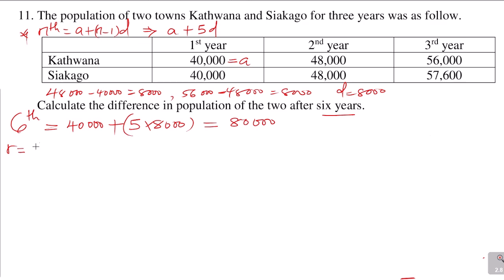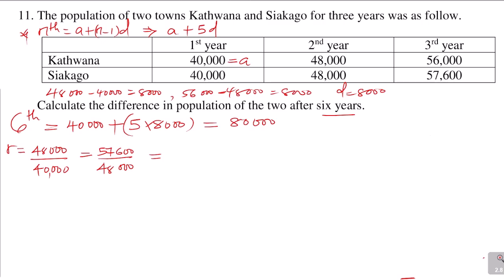We get the common ratio by taking the second year, which is 48,000, divided by the first year, 40,000. We want to see whether that will be equivalent to the third year, 57,600, divided by the second year, 48,000. So divide and see whether this is giving you a constant value.